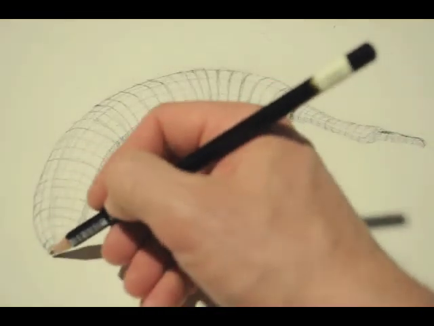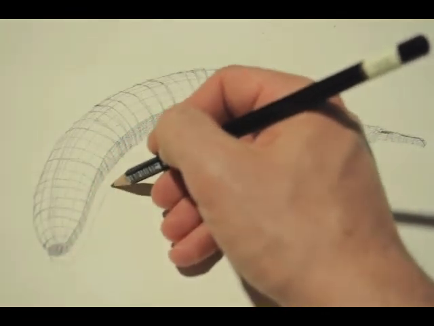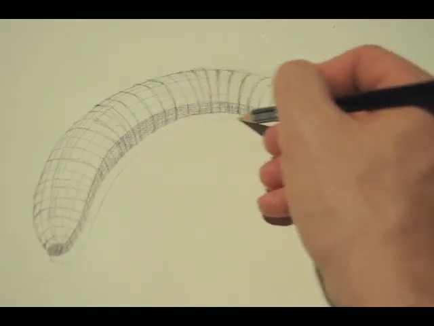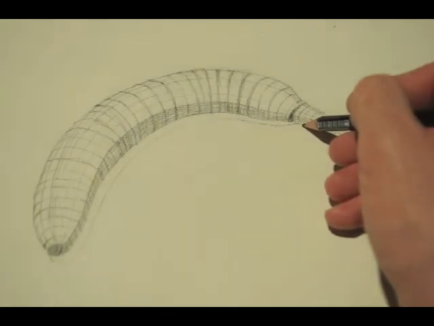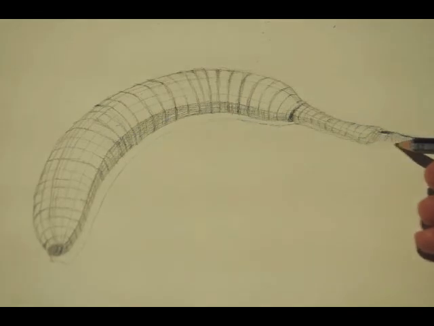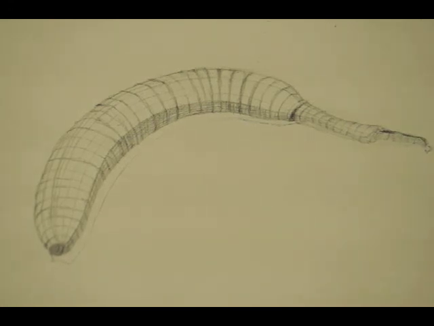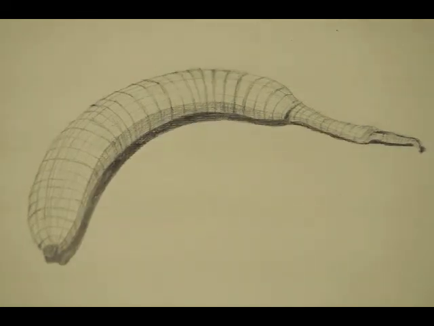I'm also going to add in a cast shadow. I think it's good practice to not only consider the object you're drawing, but also the space surrounding it. And what I see of that space is the cast shadow. Okay, and there we go. There's our finished cross contour banana with some shading.